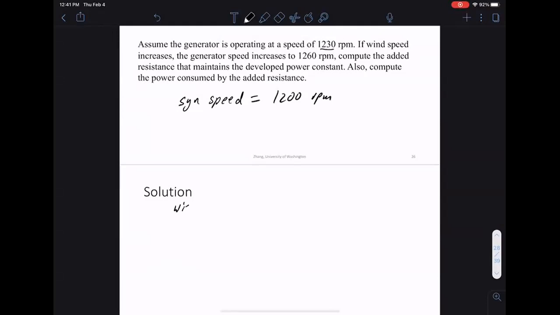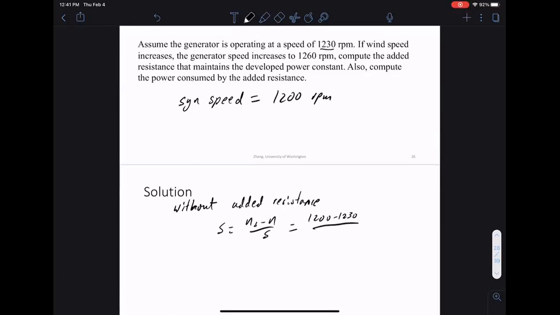So if we look at the case without added resistance, then my slip is minus 0.025.